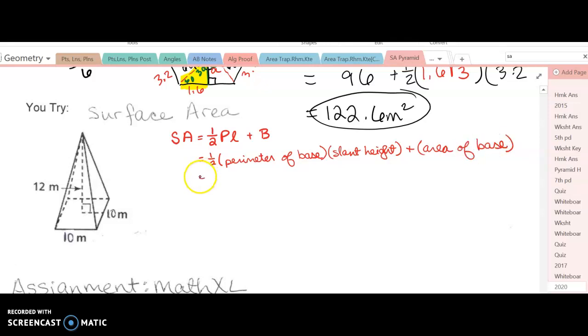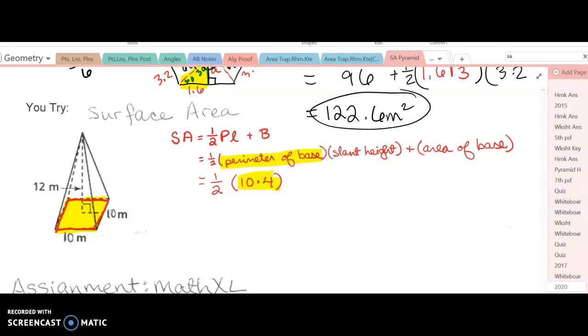Okay, so that's 1/2 times, so we have, this is our base, is this square on the bottom. So we're talking about perimeter of this base would be, you've got the distance around the outside would be 10 for each side, and then there's 4 sides, so we would say 10 times 4.